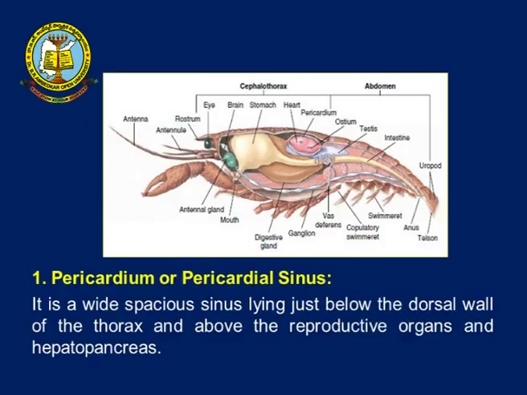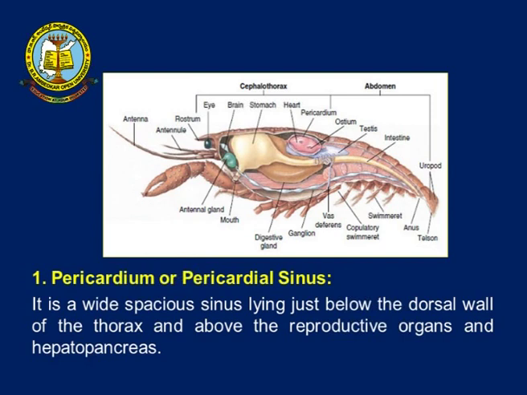We will first talk about the pericardial sinus, also called the pericardium. It is a wide, spacious sinus lying just below the dorsal surface of the thorax, above the reproductive organs or hepatopancreas. There is the heart, and below it is the hepatopancreas.